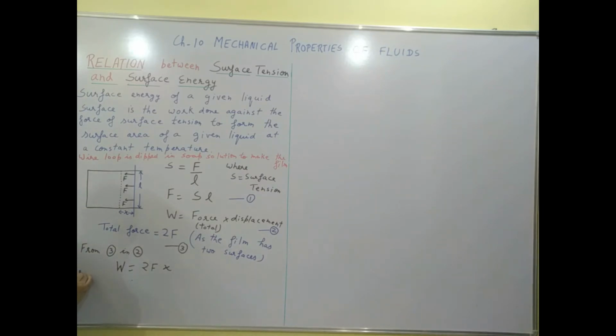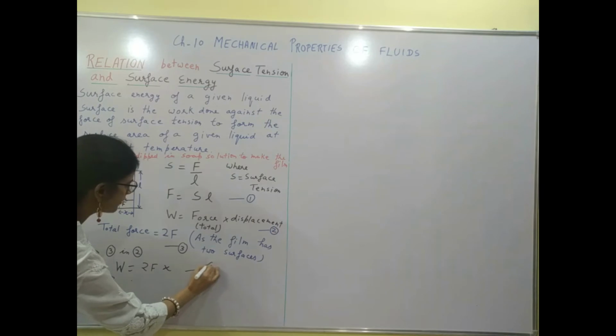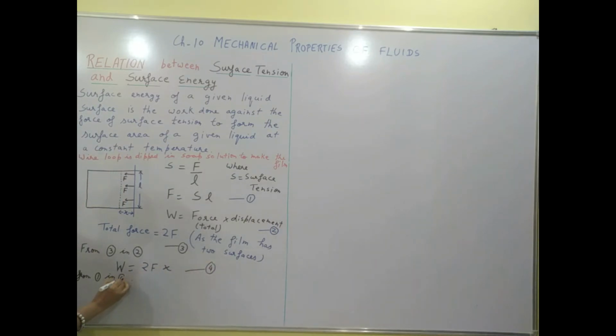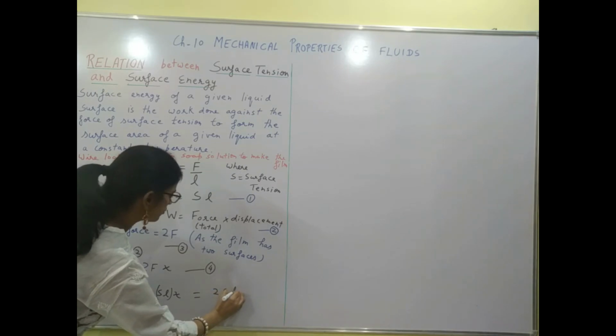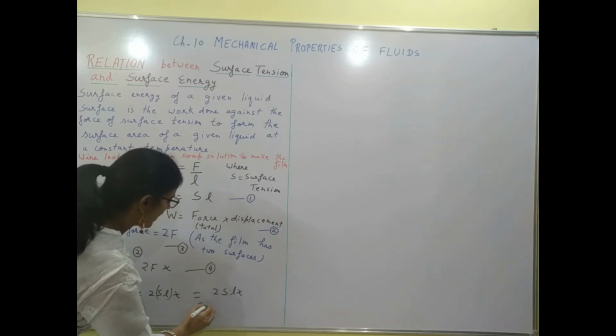So from equation 1 in equation 4, what will I get? Work done is equal to 2 as it is. For force I am writing S into l, and this is x, right? So this work done will be 2S into lx.